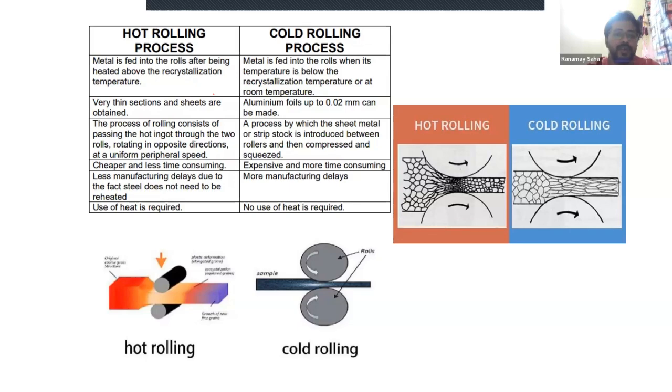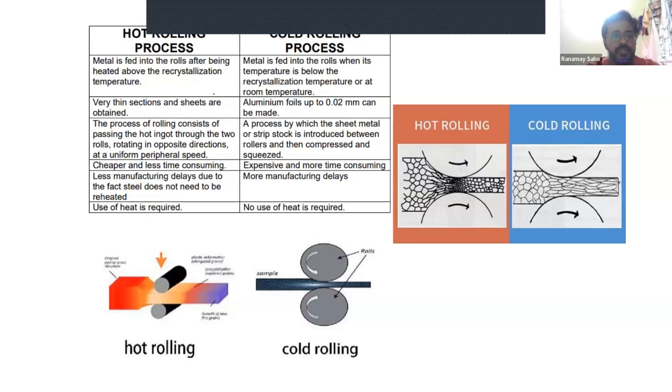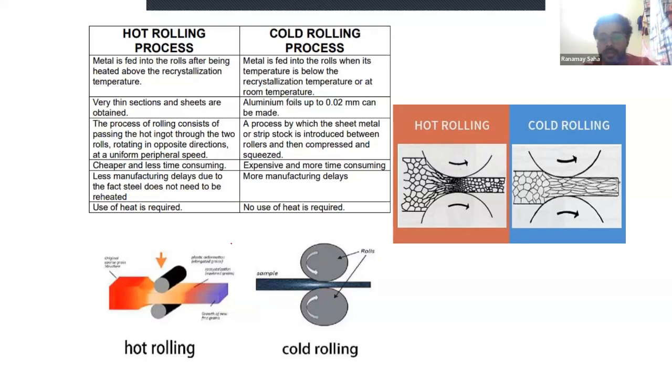But because the metal is already soft, you need very little time to process, and it is also cheaper in the case of hot rolling. So these are the advantages of hot rolling. However, there can be issues with the microstructures and the final properties and density of the product you are obtaining. So that is the thing about hot and cold rolling processes.